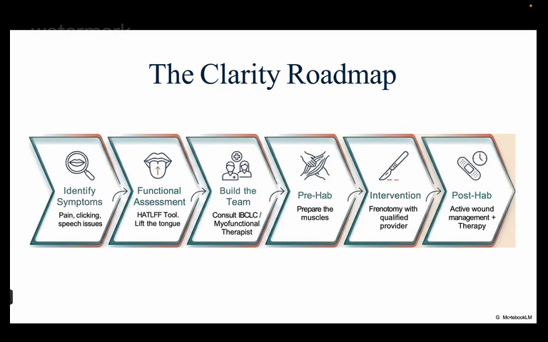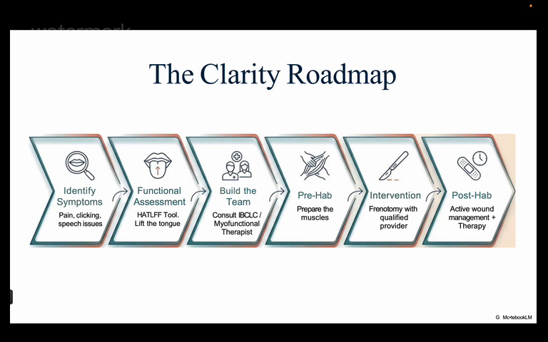So the clarity to the roadmap is basically we should have a clear identification of what the patient is having, what functional assessment you have done, and how you are going to build the team, how we are going to do the muscle toning, or how we are going to make the patient have better speech therapy.